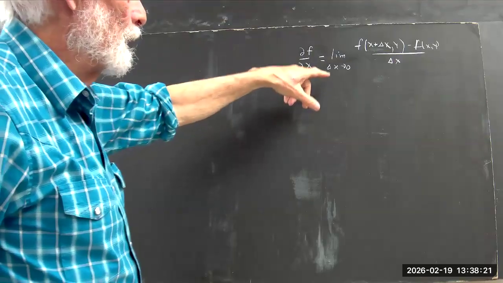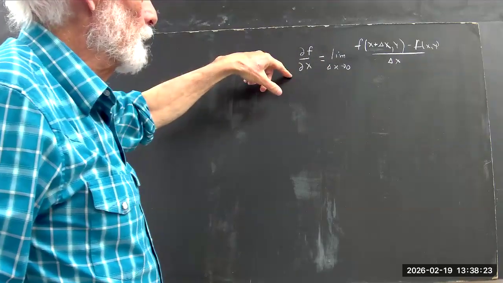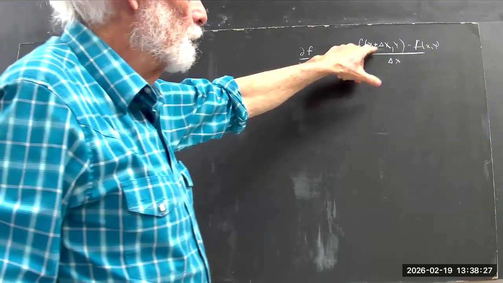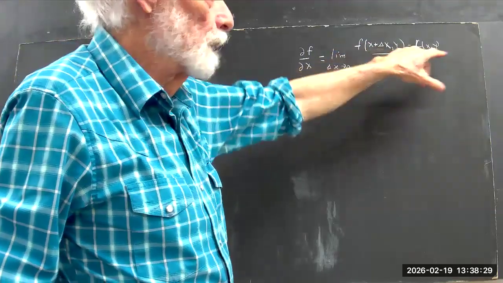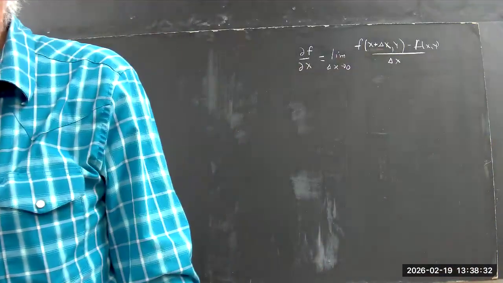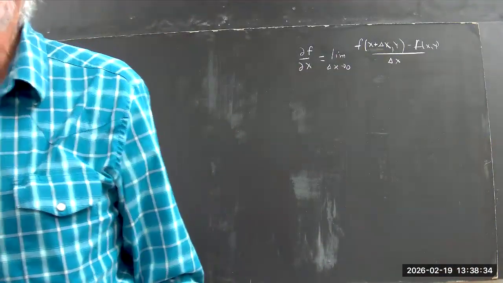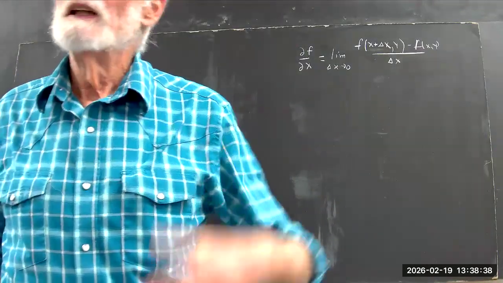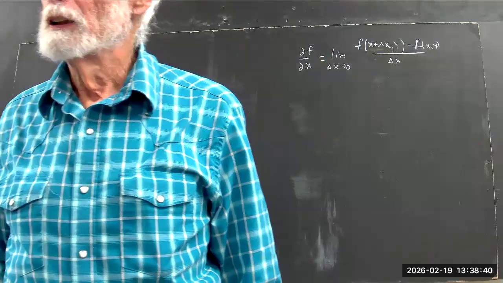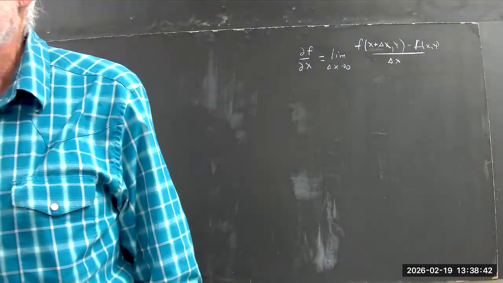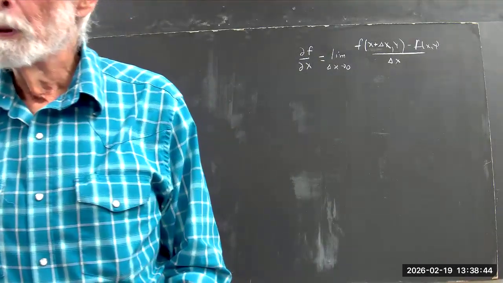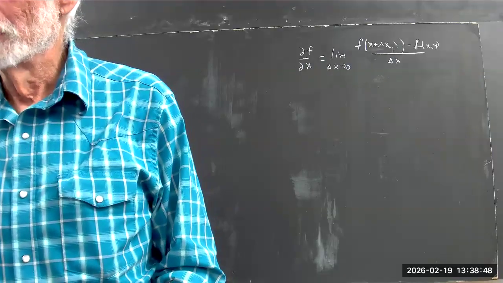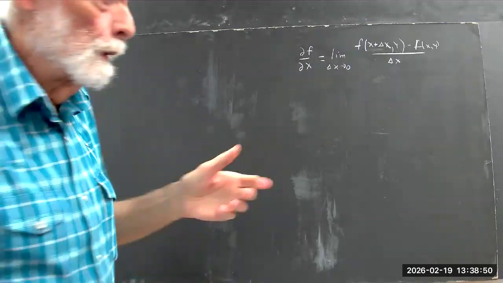At a given point, the partial of f with respect to x is the limit as delta x goes to 0 of f of (x plus delta x, y) minus f of (x, y). Does that look familiar? That's a difference quotient that you would have seen in pre-calculus and used a whole lot at the beginning of your first semester calculus course. I mean, that's all it is.